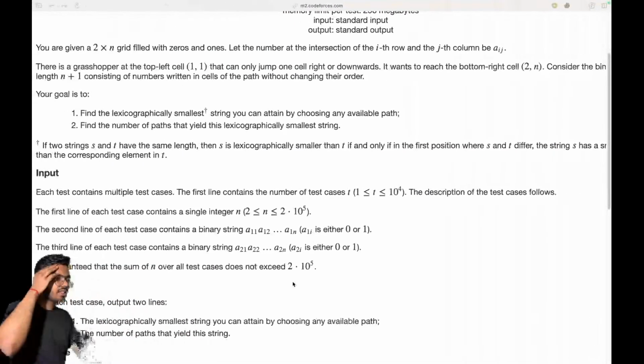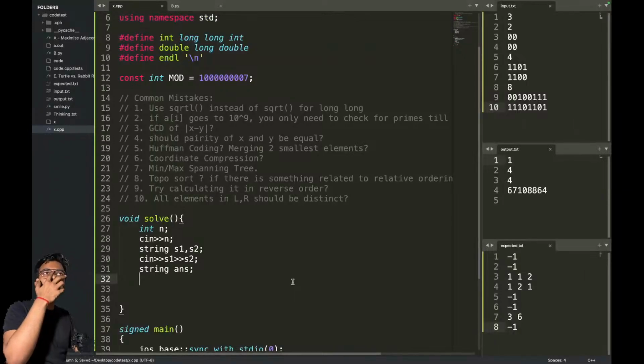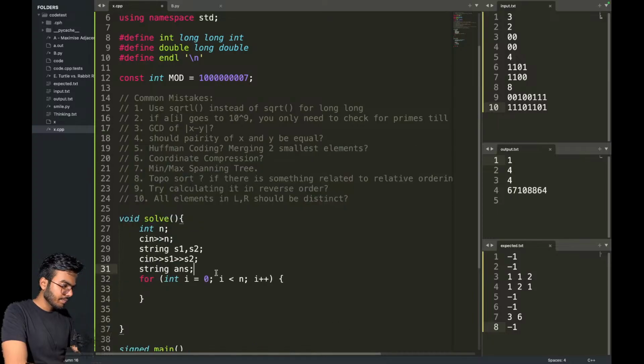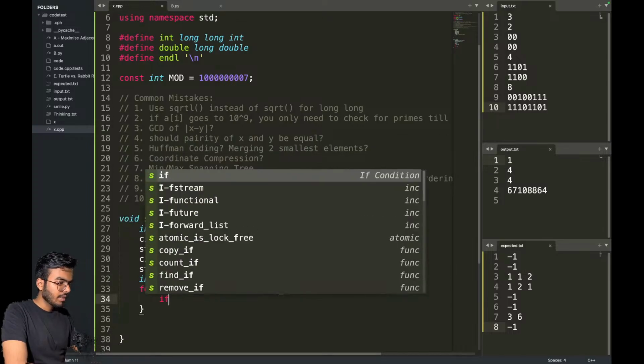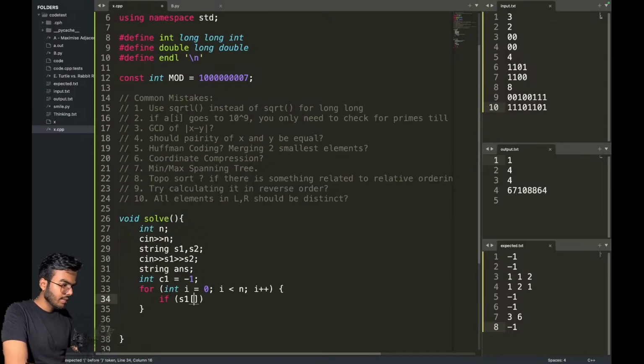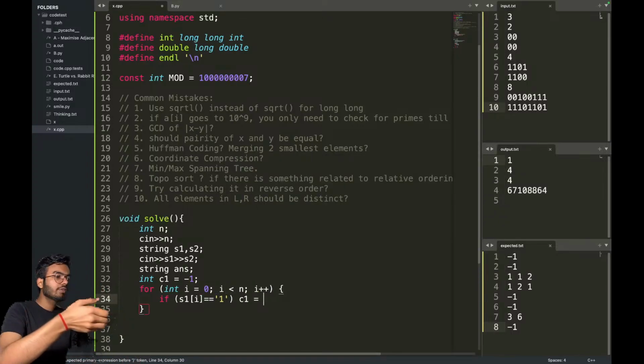Now how do I even find the lexicographically smallest string? So first thing I need to do is find the index of the 1, let's say for i in range n. If S1 of i equals 1, then I will say C1 equals this i.